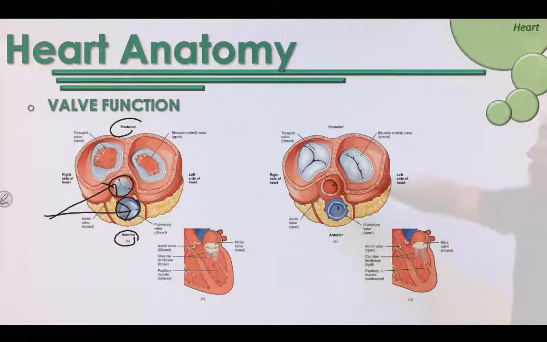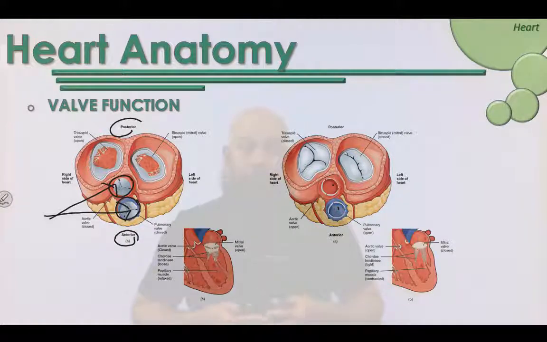The AV valves, the tri, 1, 2, 3, and the bicuspid valve, 1, 2, they have to be closed. And they're closed during this ejection phase when we're forcing blood away from the heart. So valves make sure blood travels in one direction and one direction only.